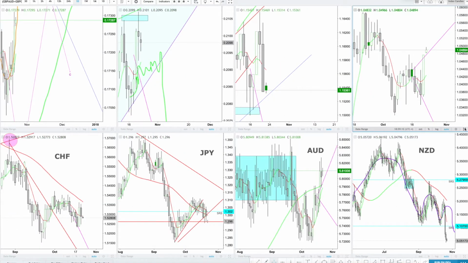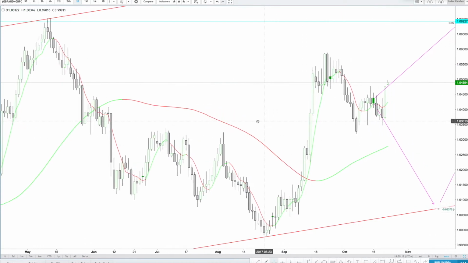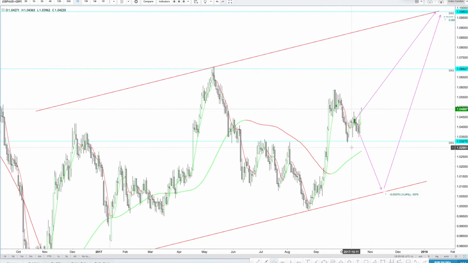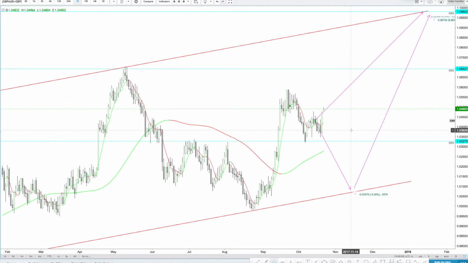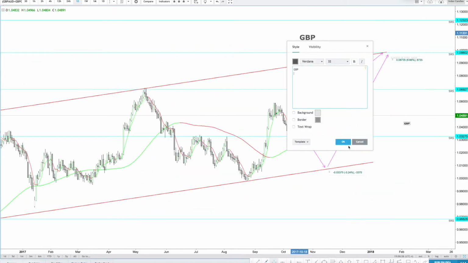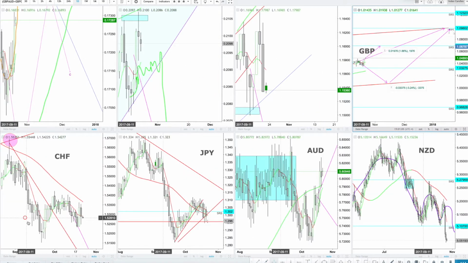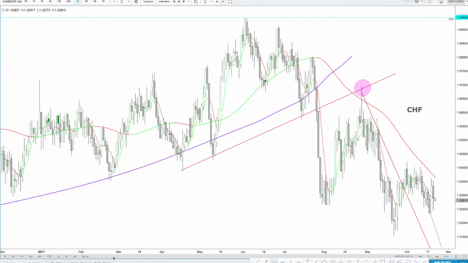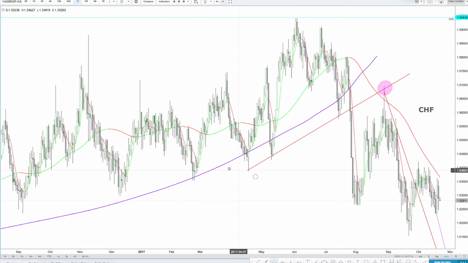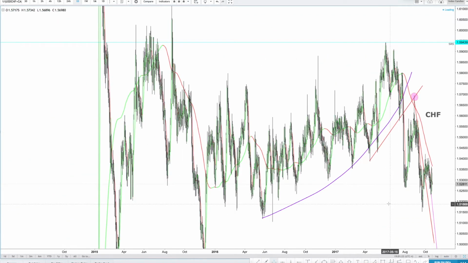British pound, I told you last week that, and now we're moving up on British pound, so I'm gonna write down GBP up. We got it right here. So kind of trend line here.